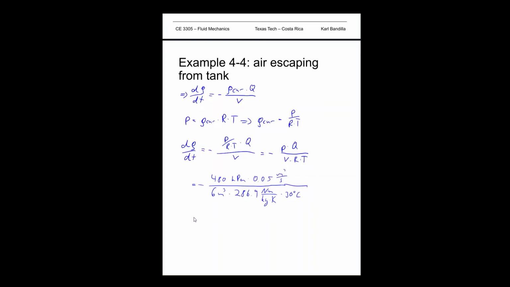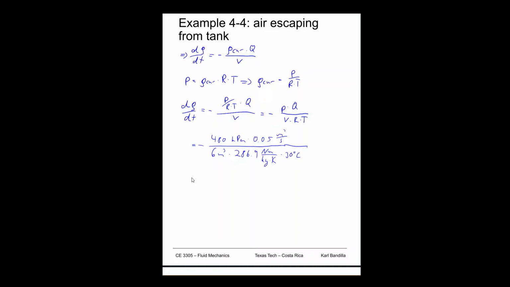If we convert that all to consistent units, we'd have minus 480 times 10 to the 3 Newton per meter squared, that's a Pascal, times 0.05 cubic meter per second. We don't have to worry about that one, same with the 6 cubic meters. Then 286.9 Newton meter per kilogram Kelvin, and to convert to Kelvin, we'll just add 273.